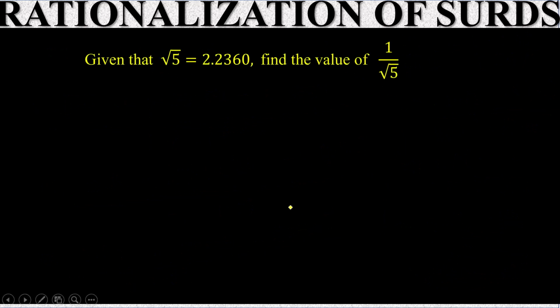Alright, so let's look at this. Very simple. Given that root 5 equals 2.2360, find the value of 1 on root 5. So this one is not difficult. Let's rationalize this one, so the numerator will be root 5 on 5.